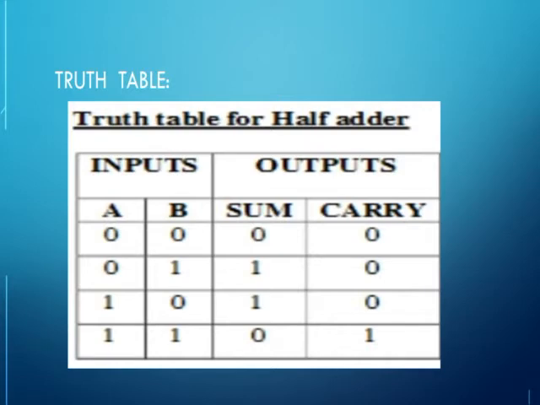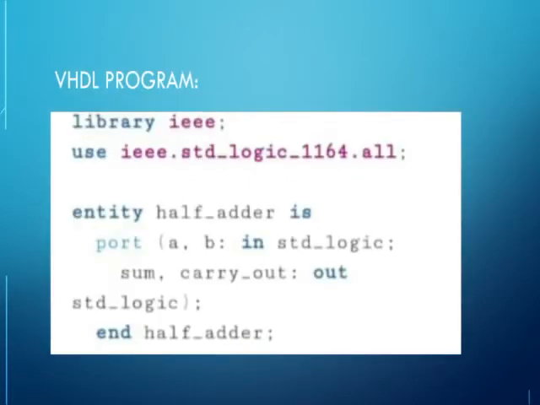If you give two high inputs, we obtain sum as 0 and carry as 1. Please remember the truth table for easy understanding, because we are going to do the programming in behavioral modeling, which is nothing but using the truth table.